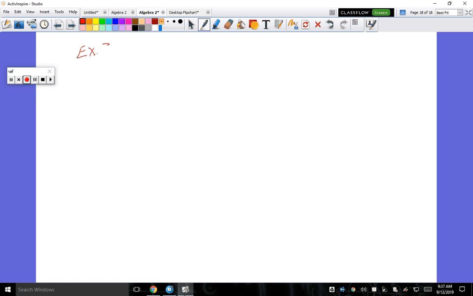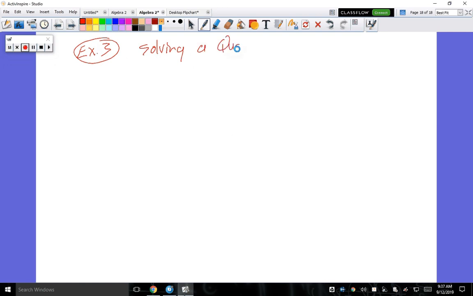Our example, it's not for grade. Example number 3 is solving a quadratic, that's this, and a linear, that's this, system. Okay?